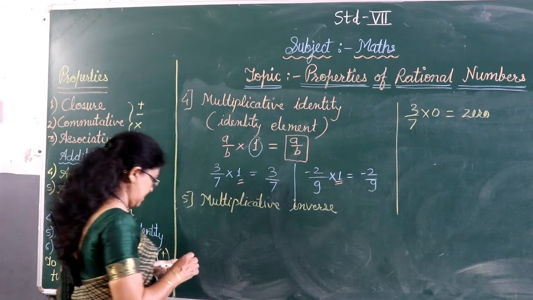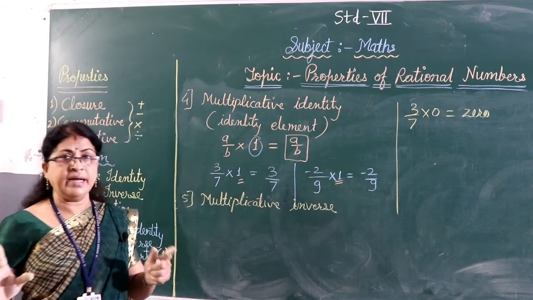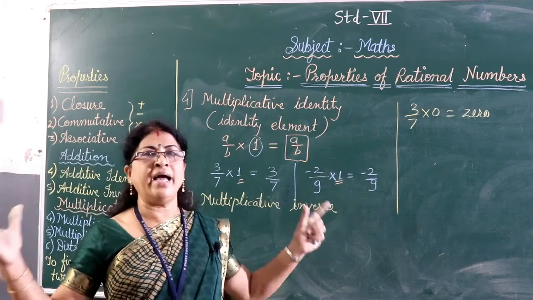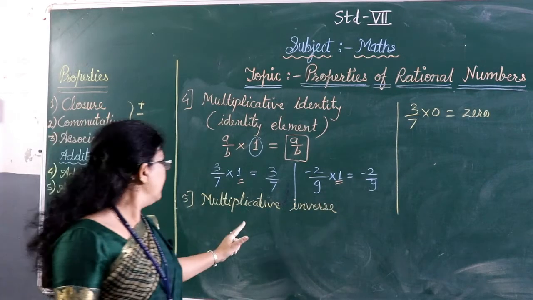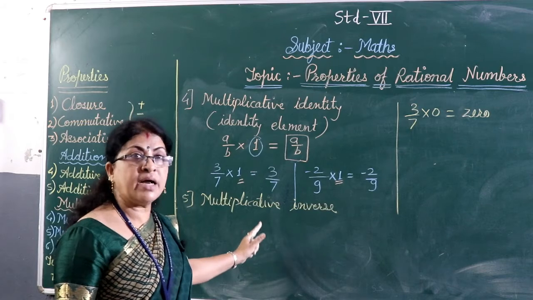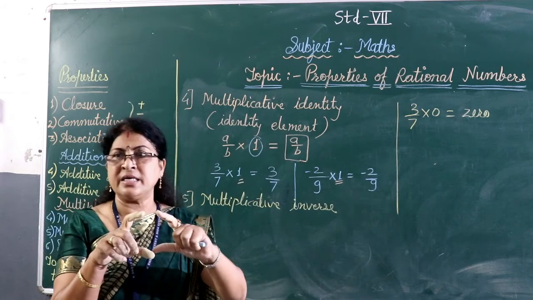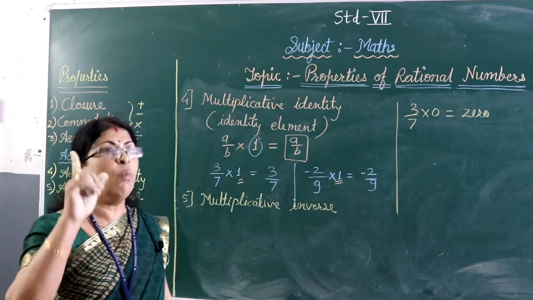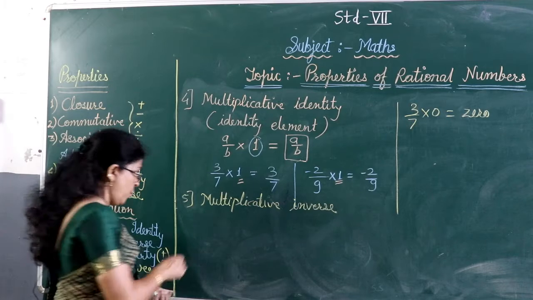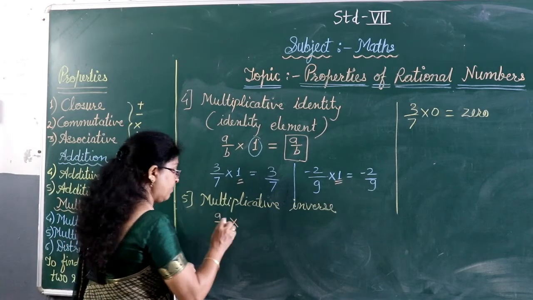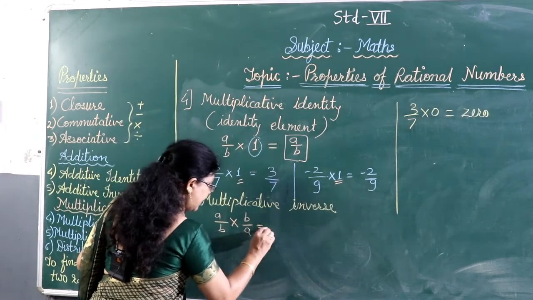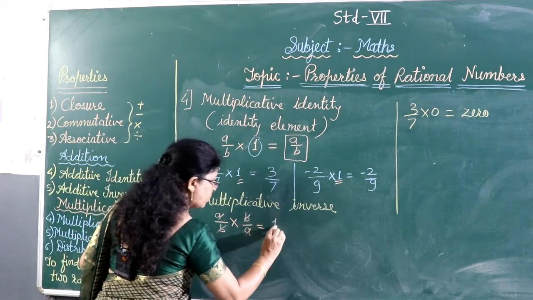What is inverse? Like additive inverse, where the sum of two numbers is 0, in multiplicative inverse, when we multiply two rational numbers, the answer should be 1. So when I multiply a by b by its inverse, b by a, then we get the answer 1.